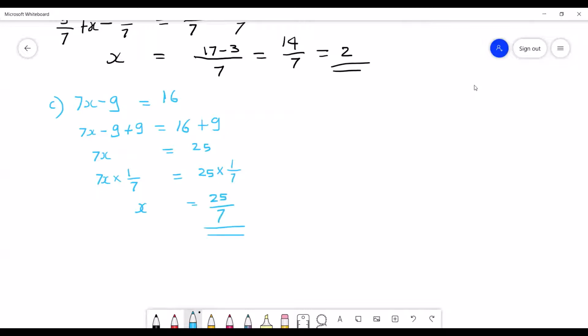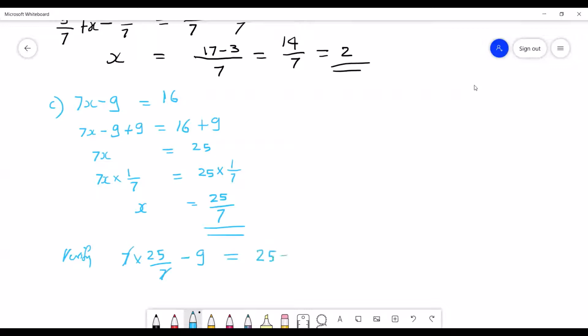So 25 upon 7 is the value of x here, and you can check whether 25 by 7 is giving you 16. Let us verify that also. 7 into 25 by 7, we are replacing x with 25 by 7, minus 9. So the 7 and 7 will get cancelled.